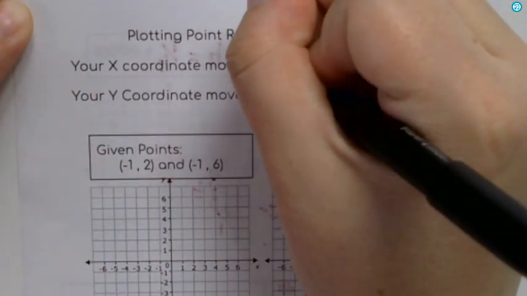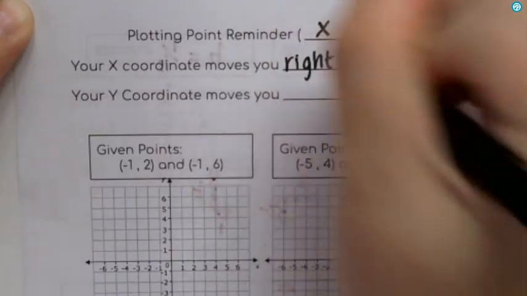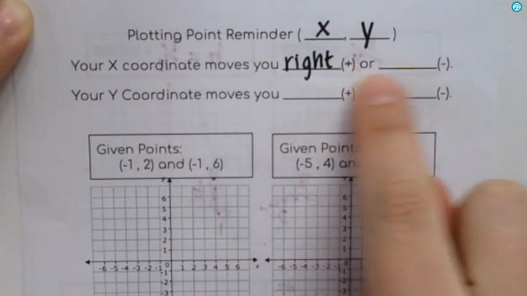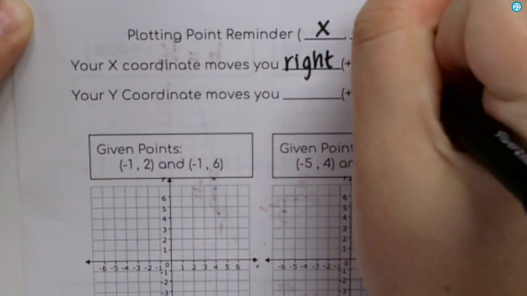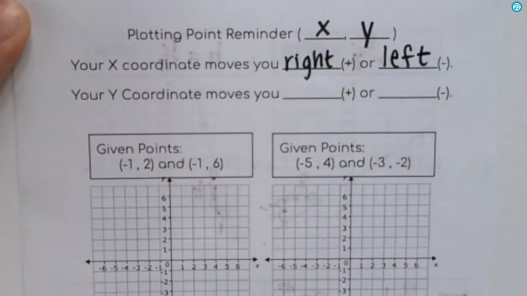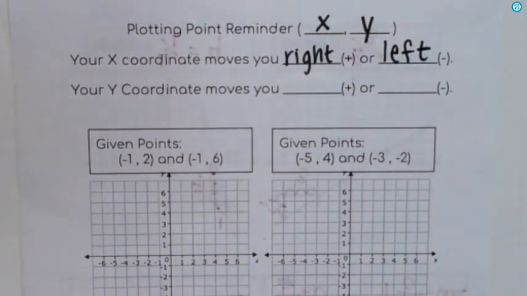It moves you to the right if it's positive, that's why there's a plus sign there, or the left if it's negative. Just like on a number line. So on a number line, right is positive, left is negative.